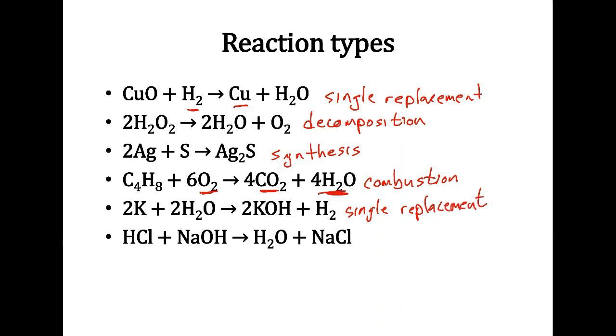And then finally we have HCl plus NaOH yields H2O plus NaCl. So we can see that the cation from the first one is combining with the anion here. And then the cation from the second one is combining with the anion of the first species. So this is one of those double replacement reactions that we looked at initially.